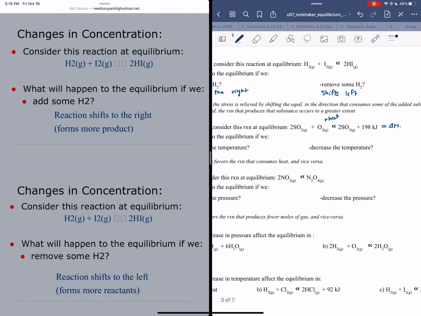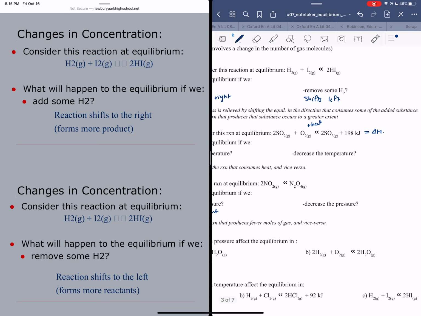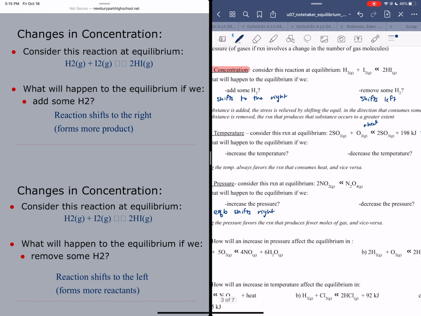So we say that the equilibrium shifts right.